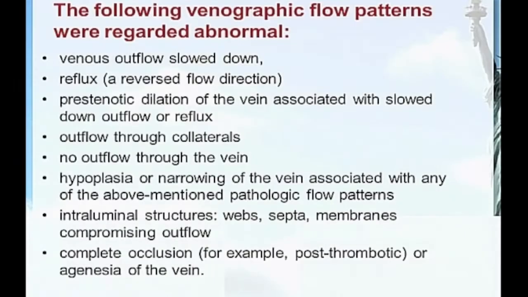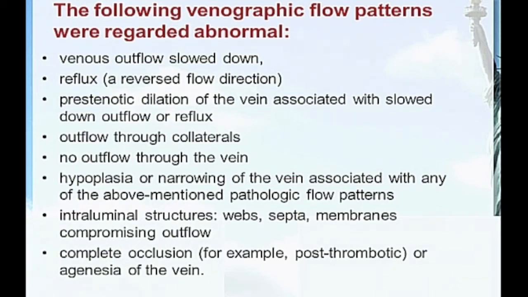Reflux is a reversed flow direction, so you injected the contrast, but it is not going down to the heart, but is going up to the intracranial veins or the vertebrae and so on. Prestenotic dilation of the vein, associated with a slowed outflow or reflux. Outflow through collaterals, no outflow through the veins. This is an obvious sign of a pathology.